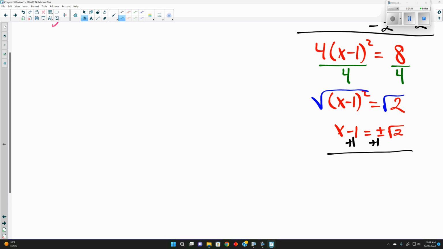Once we get the plus or minus and we add or subtract something, we always put it in front of the plus or minus. So this here is our answer, 1 plus or minus the square root of 2. Anytime you square root both sides, we need the plus or minus. That's part of the reason in the quadratic formula we have the plus or minus the square root there.